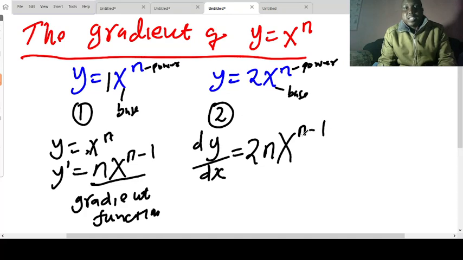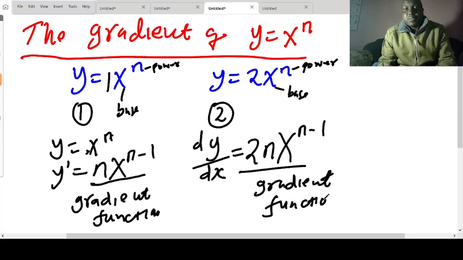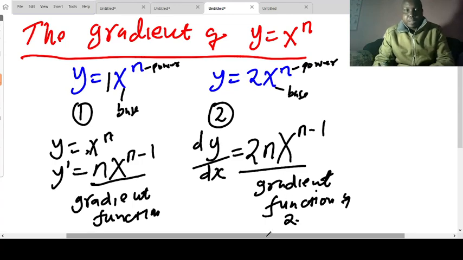You subtract, what remains is the power minus 1. And this is now the gradient function of our number 2. Very nice.